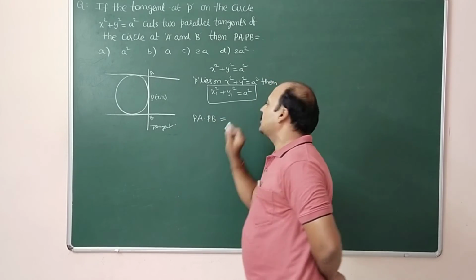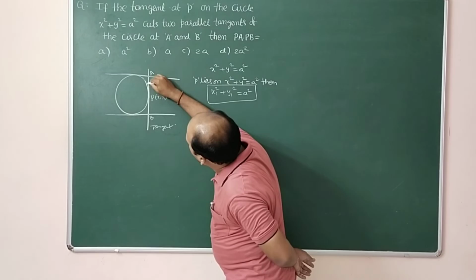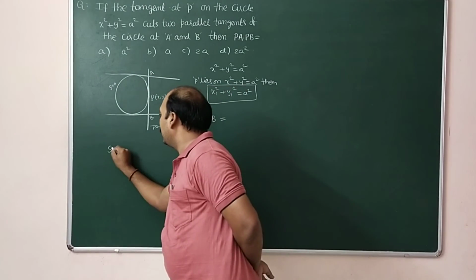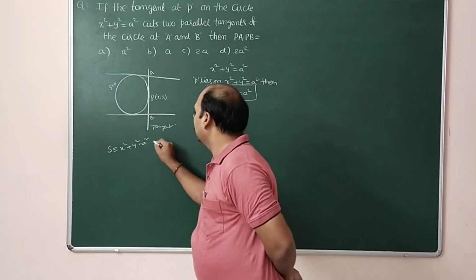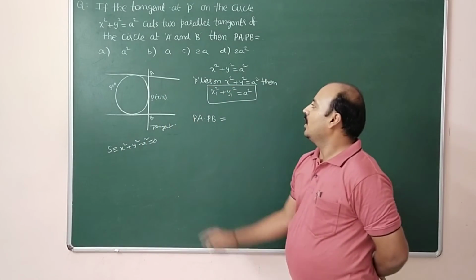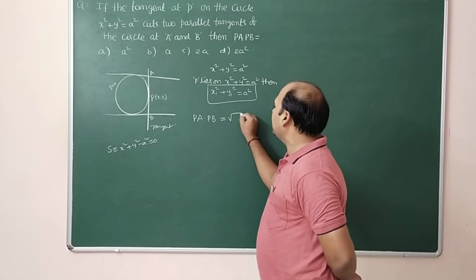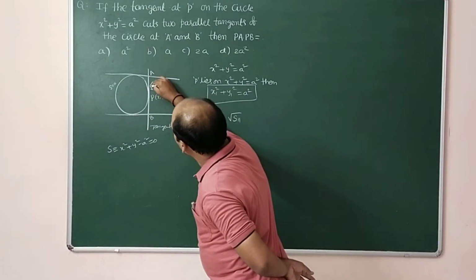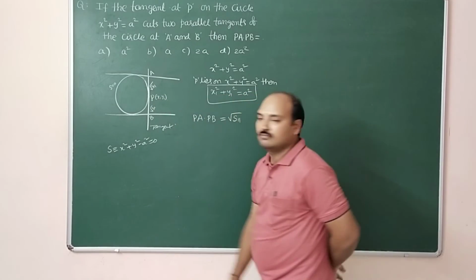It's a very good question conceptually. From here to here it is indirectly the length of tangent. It is the circle S equal to 0, S equals x square plus y square minus a square. PA means the length of tangent from x1, y1. So the length of tangent formula is what? Root S11. Again from here to here also the length of tangent is root S11.